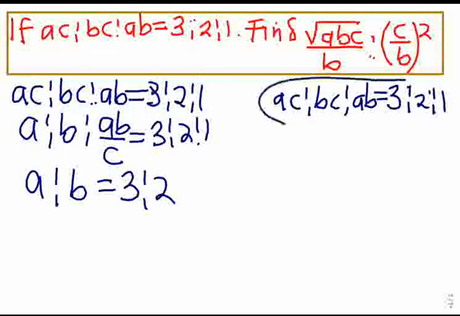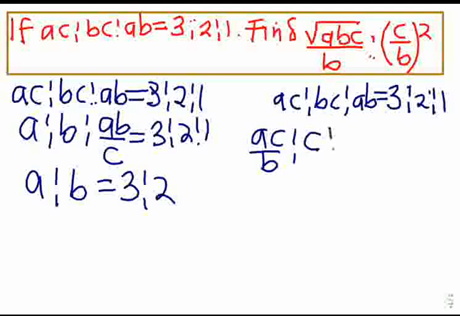Next, I want to divide through by B. Dividing the first one by B, you will have AC over B. Dividing the second one by B, I will have just C remaining. Dividing the third one by B, I will have just A remaining.